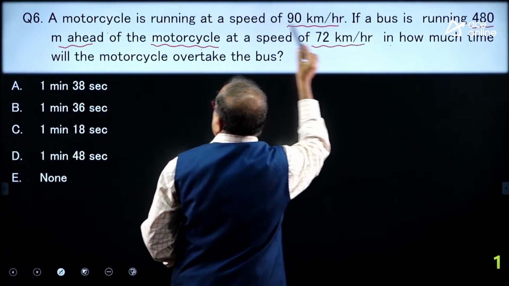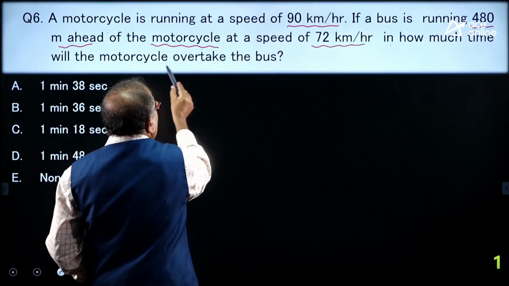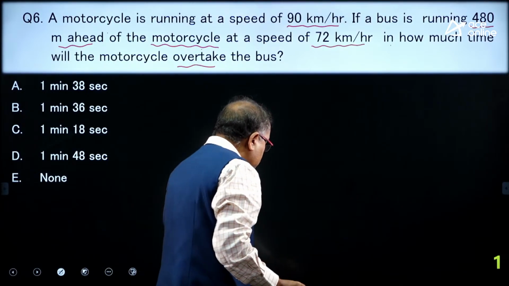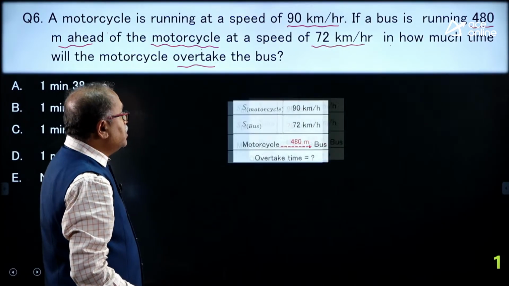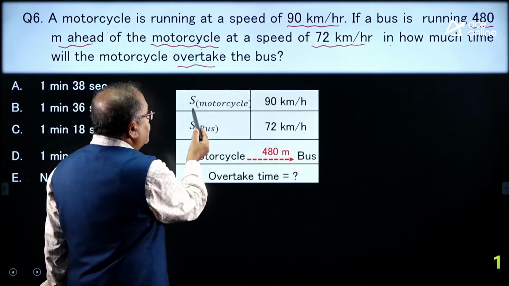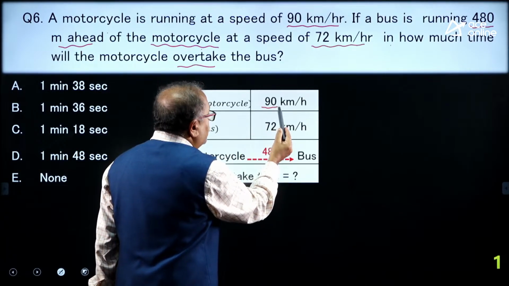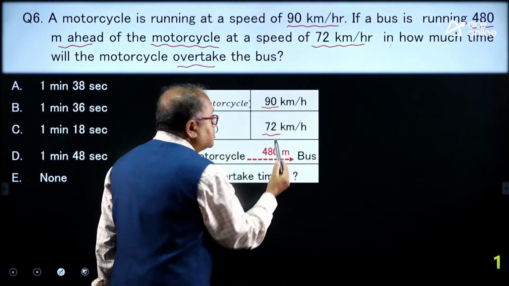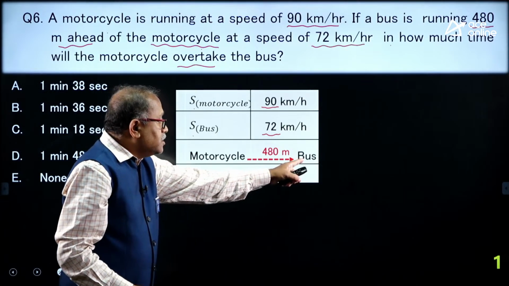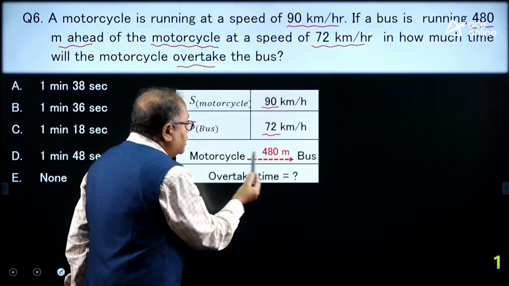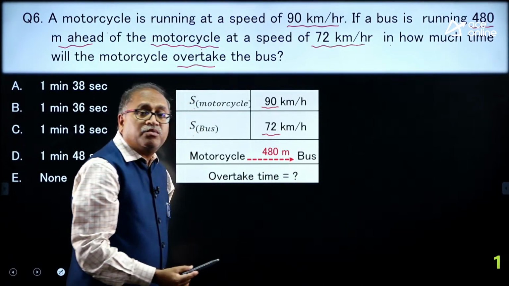In how much time the motorcycle will overtake the bus? Overtake the bus. Look at this one. The speed of motorcycle is given to us, and the speed of bus is also given to us, and it is said that the bus is 480 meter ahead of motorcycle.